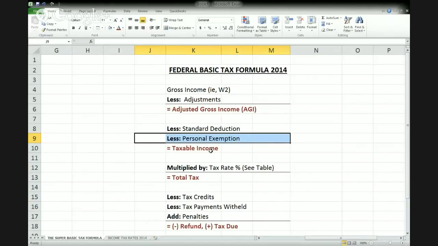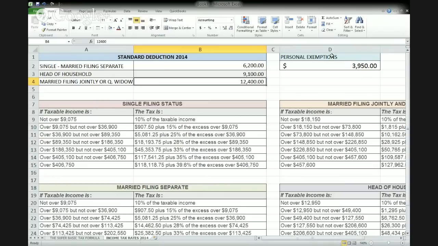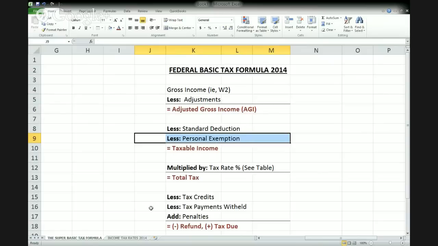If you are filing for yourself and you have one dependent, that's two people in your taxes. If it's you and your spouse and your two children, that's four people. For every person that you have in that tax return, you're going to reduce the amount by $3,950.